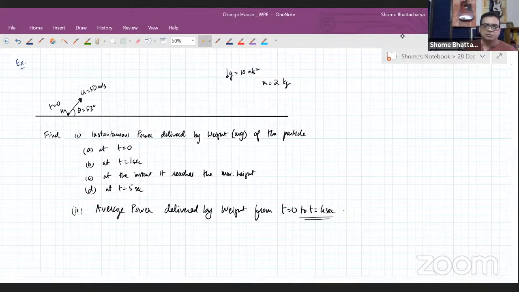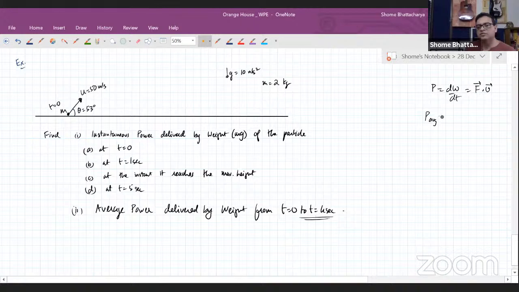This is a typical type of question to do with calculation of power. We'll apply the definition of instantaneous power by a force as F dot v, and the definition of average power as total work done upon total time. So just work this out quickly using these definitions. The rest of it is just applying kinematics.